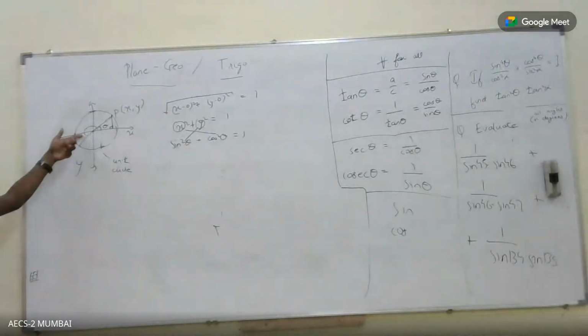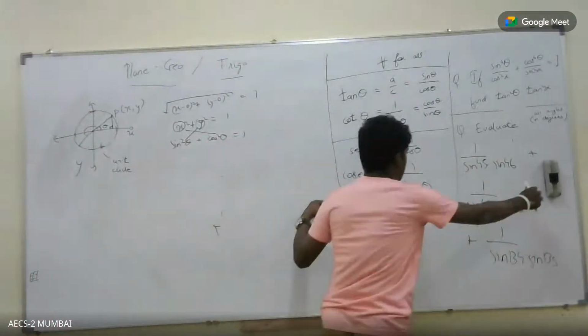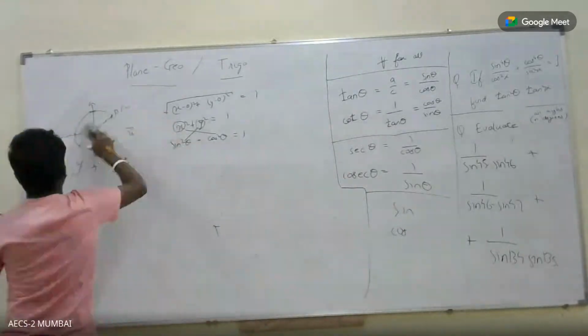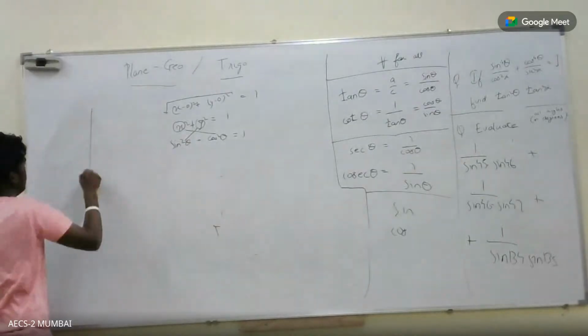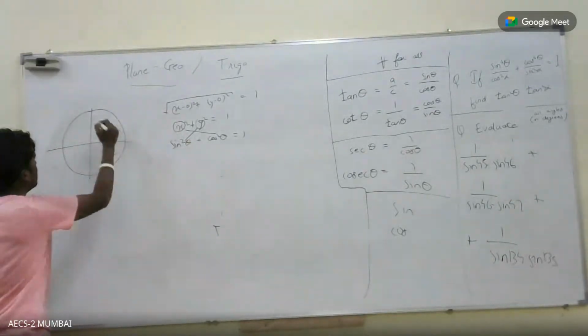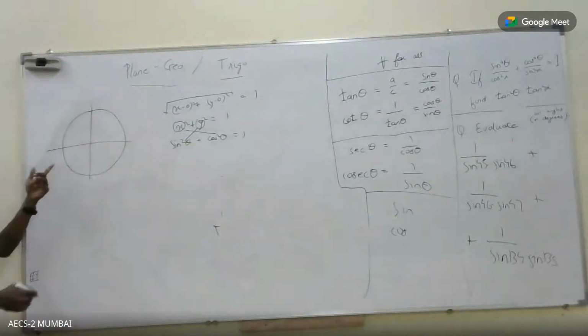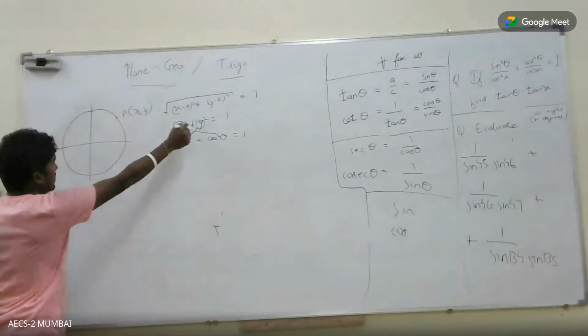Is everyone able to see this? I'll draw it a bit bigger. Right? So we have a unit circle, and any point P with coordinates x comma y satisfies this relation.